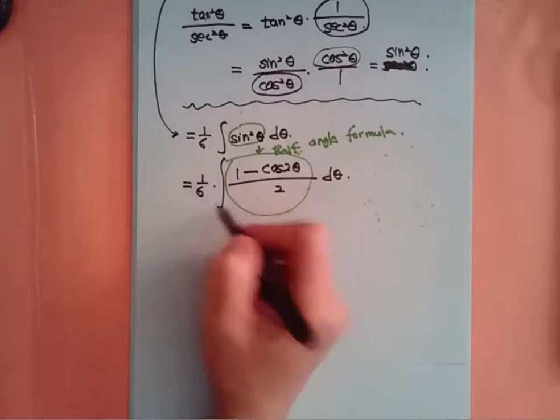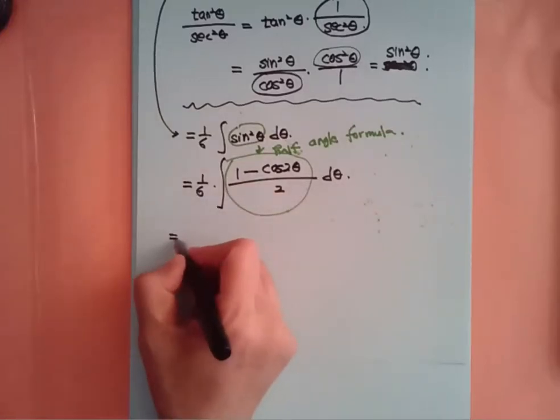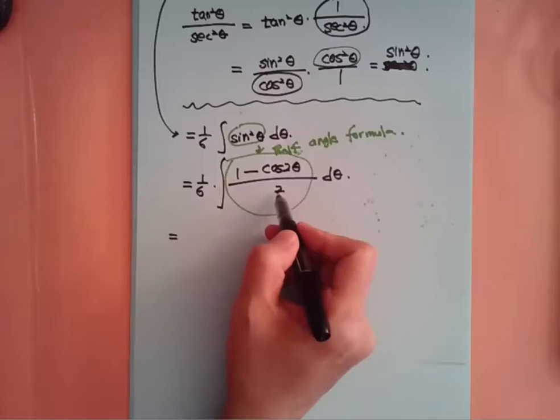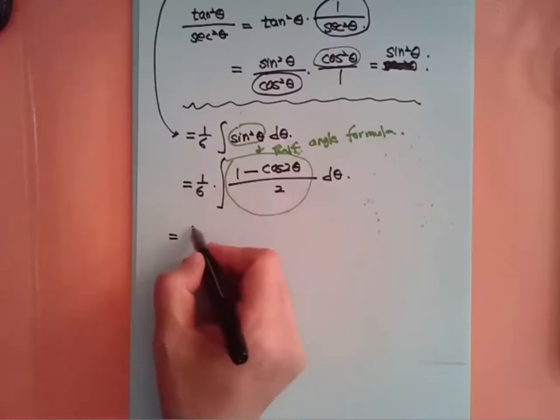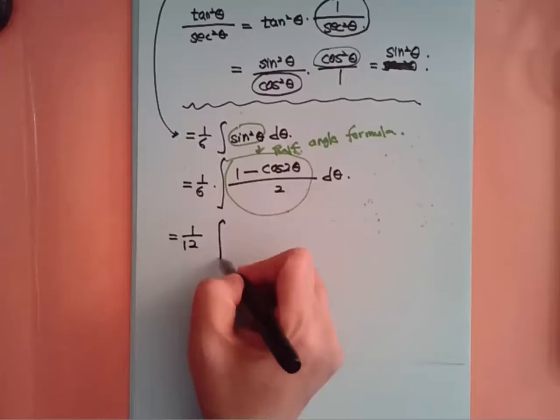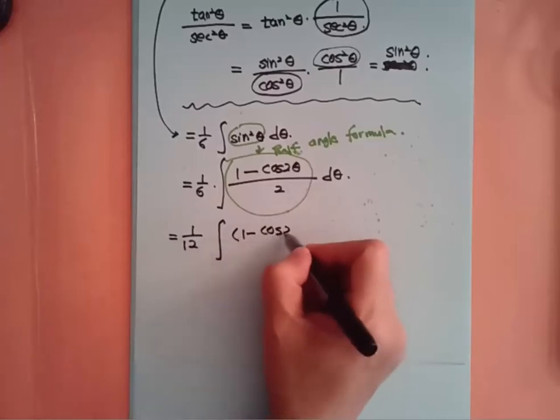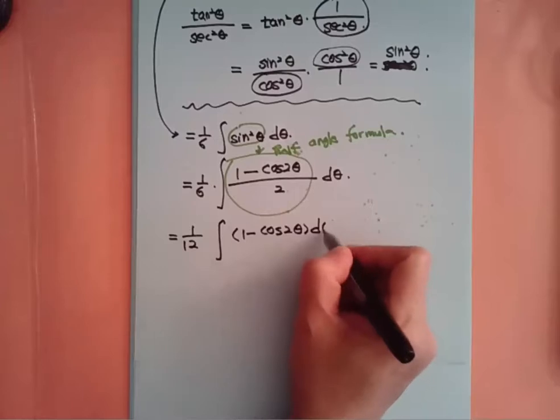So this, I have to write integration. We will multiply 6 and 12. So we write 1/12 in front of the integral, and then 1 minus cosine of 2 theta d theta.